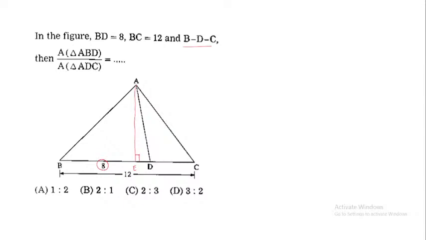So the ratio of area of triangle ABD divided by area of triangle ADC is, for triangle ABD, BD is the base, so that must be equal to BD divided by DC, for triangle ADC, DC is the base, because the height is drawn on the base.